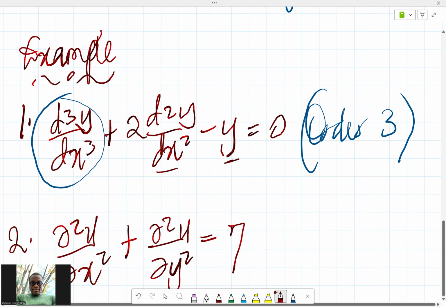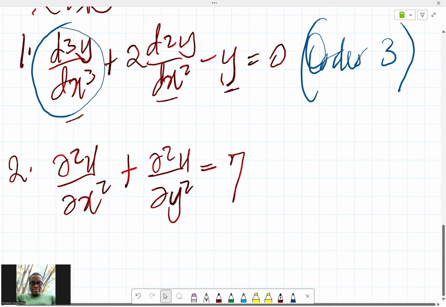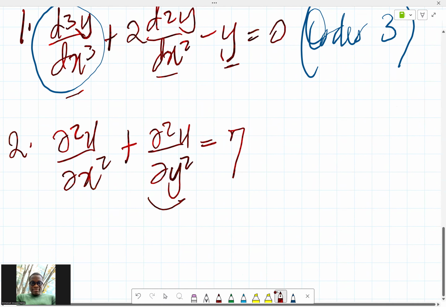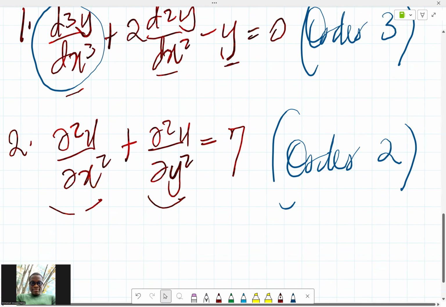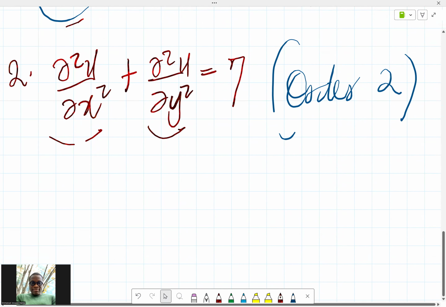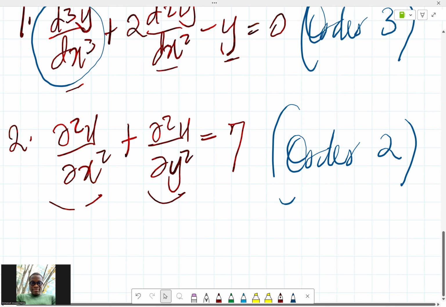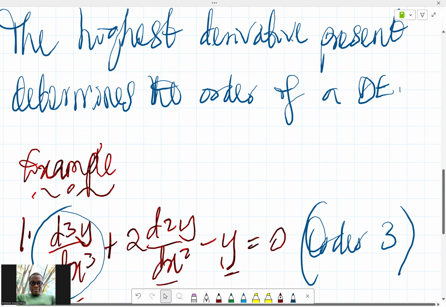This is order 2. If we had dy/dx, that would be order 1. This is order 3. So the highest order there is 3. But when we come here, this is order 2, second derivative; though it is partial, the answer here would be order 2. So the highest derivative determines the order.